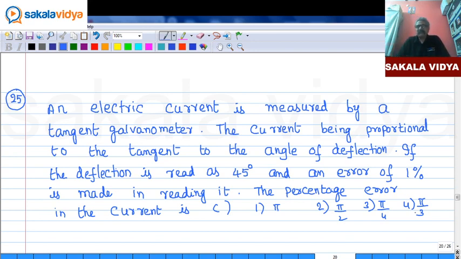It's not very lengthy but a very simple problem. This problem is related to electricity. Current is measured in ampere, and that is measured with the help of the tangent galvanometer. So nothing but application of physics.